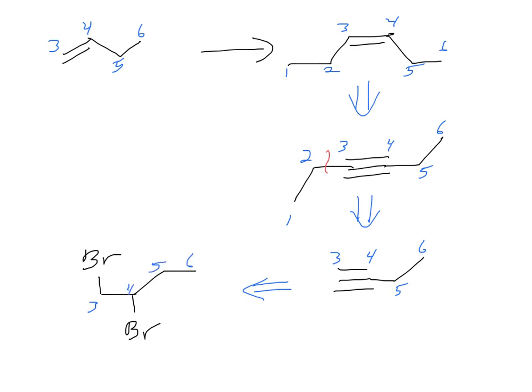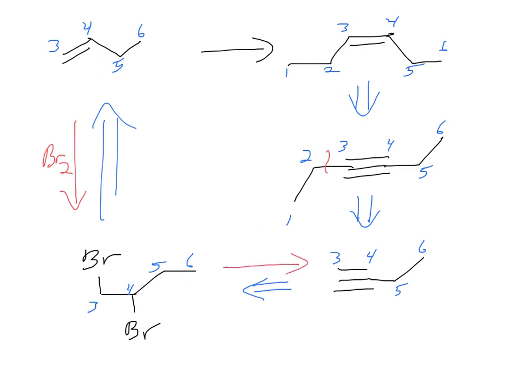If I want to add 2 bromines, what would the starting material be? Br2 is the reagent. What's the starting material? An alkene. That alkene. So what reagents will we use? We'd use Br2. That would add the bromines at 3 and 4.